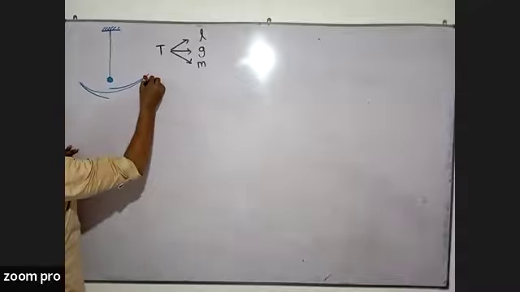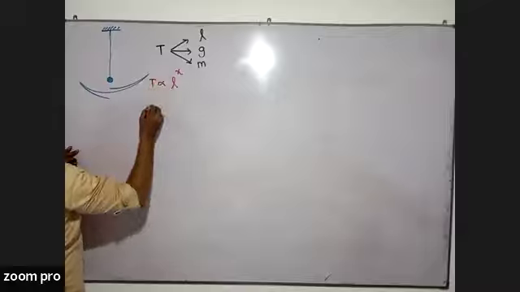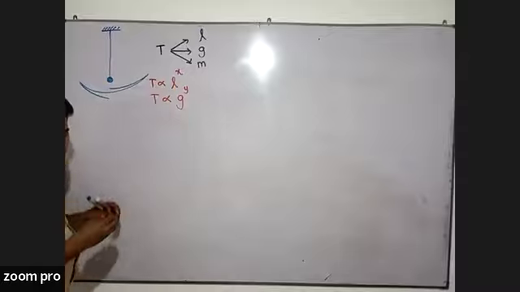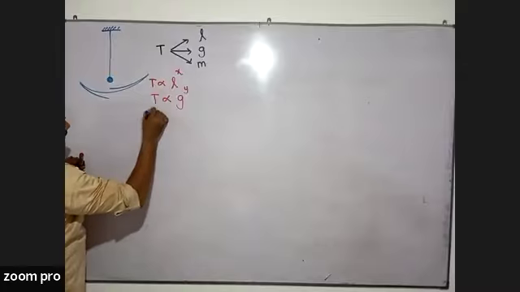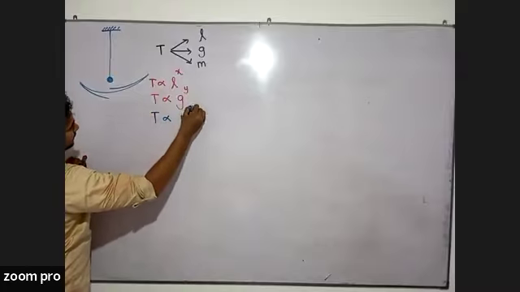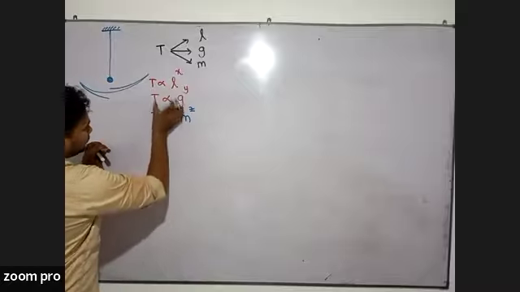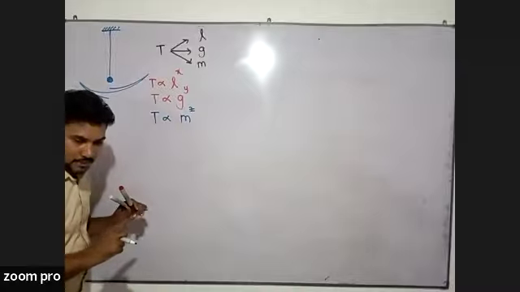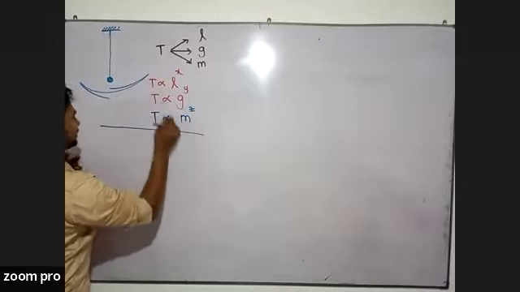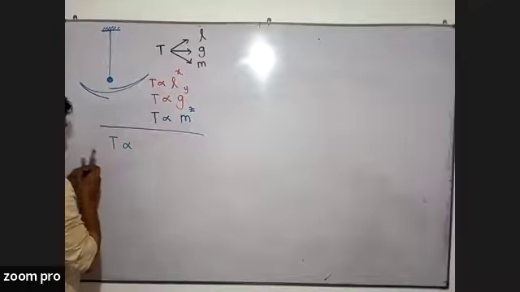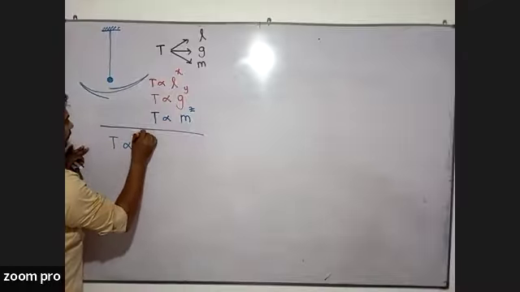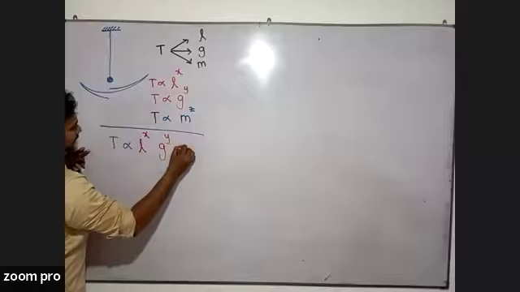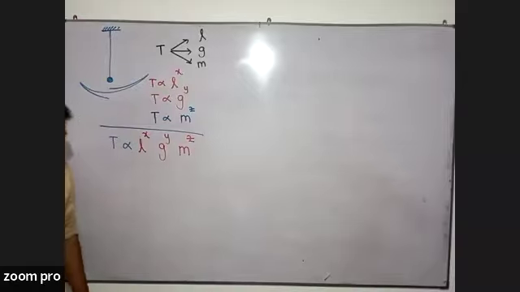So let's write this as T proportional to L to the power of X, T proportional to G to the power of Y, and T proportional to M to the power of Z. Right, so these are the three relationships between time and L, G, and M. So the next step is, we can write this relationship by combining them, that is L to the power of X, G to the power of Y, and M to the power of Z, right? So this is the first step.